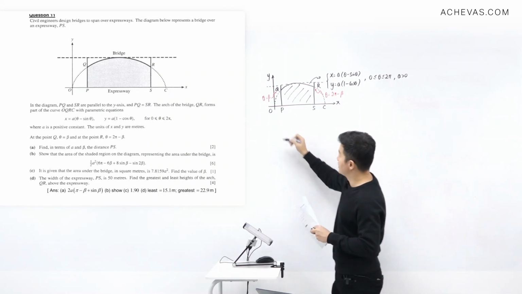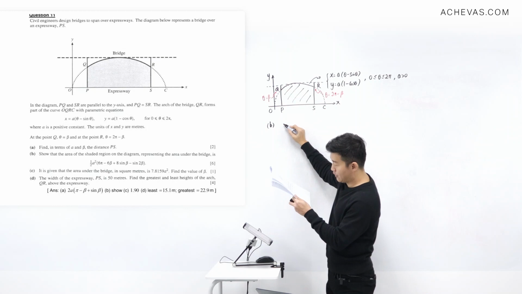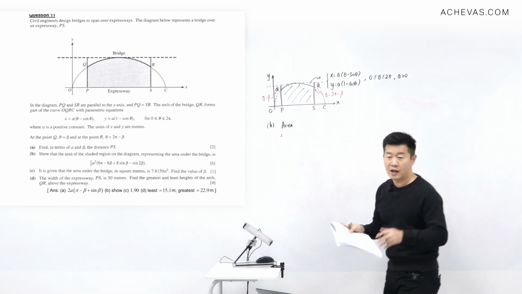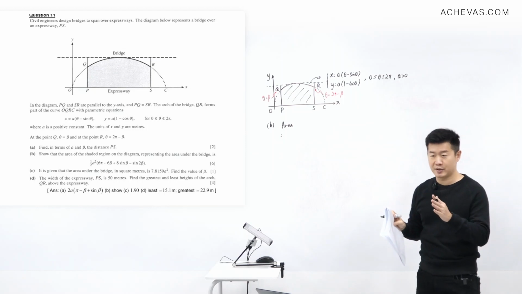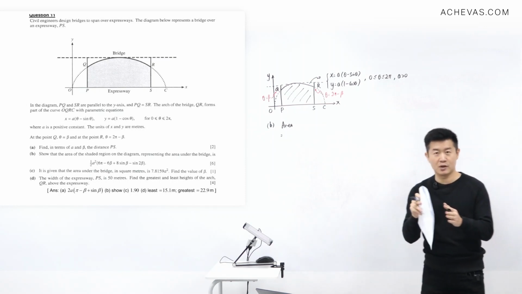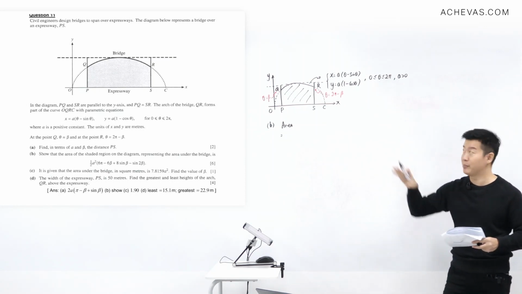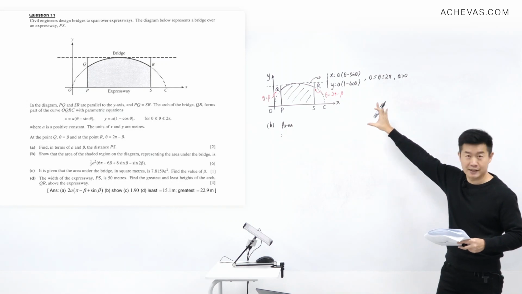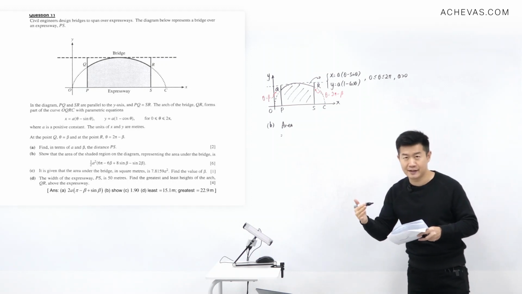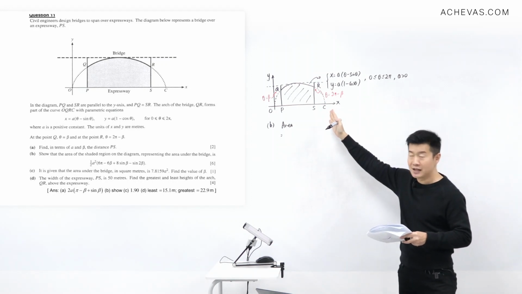So in part B, the area is going to be this region here, and we have mentioned it a lot of times, especially on Achevas TV in our theory outline. When you're trying to find area, you don't want to simply code the formula based on the parameters. You want to code the area based on an integral with respect to x, because that is what you can see here, not theta.